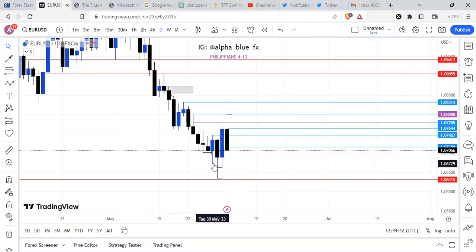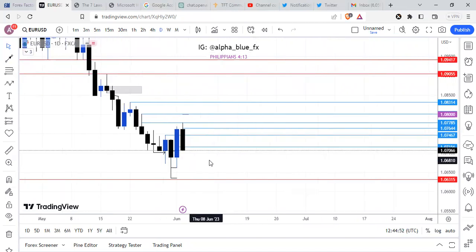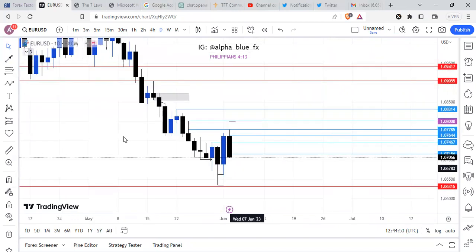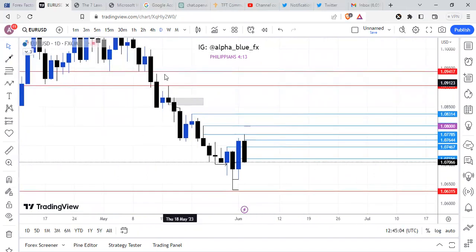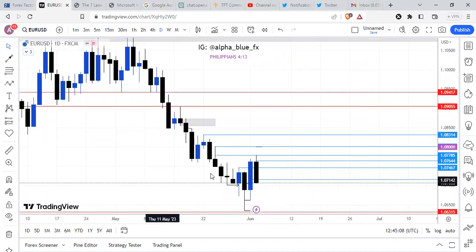Since the market has been trending down, this strong bullish candle here went, grabbed some liquidity, and towards the end of last week, Friday, we got to see this bearish continuation on Euro USD. I will be predicting that on Monday, Euro USD will continue this sell. So my daily bias will be that Euro USD is going to continue selling just because of this whole strong bearish move and the price action that I see here.